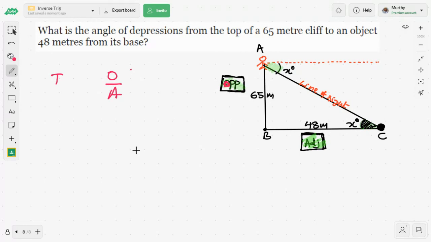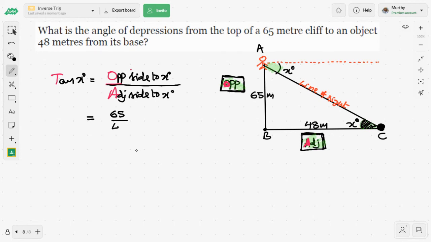The first letter of opposite is O, the first letter of adjacent is A. Therefore, in SOHCAHTOA, I have to take TOA, which is tan. Okay, so tan x degrees equals the opposite side to x degrees over the adjacent side to x degrees. So the opposite side is 65 meters and adjacent is 48.